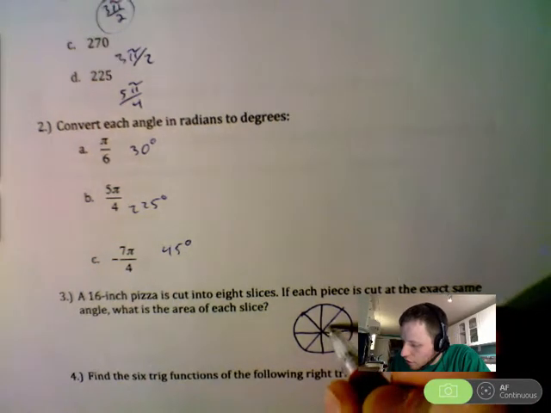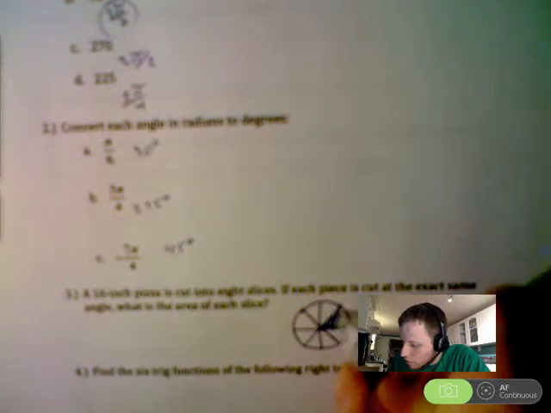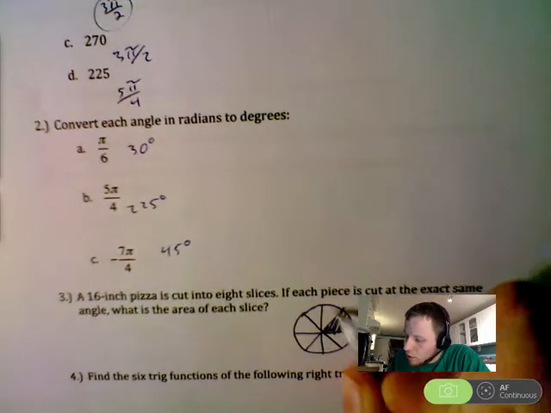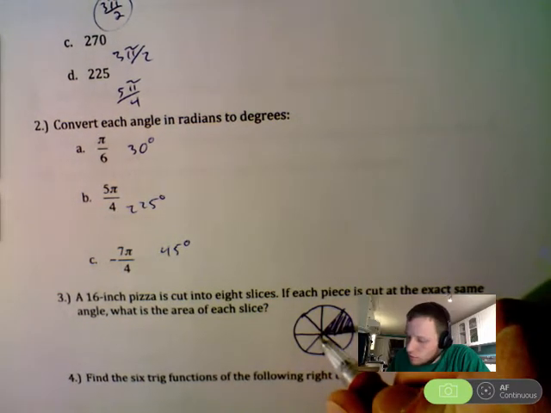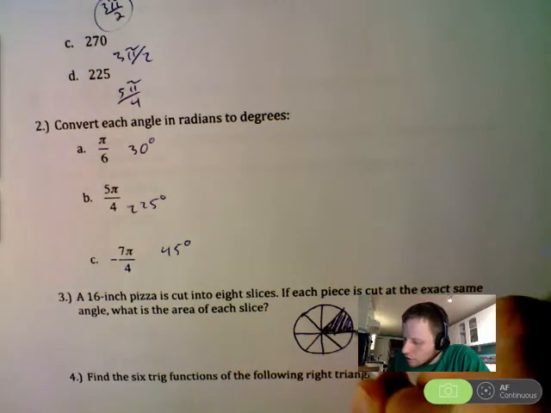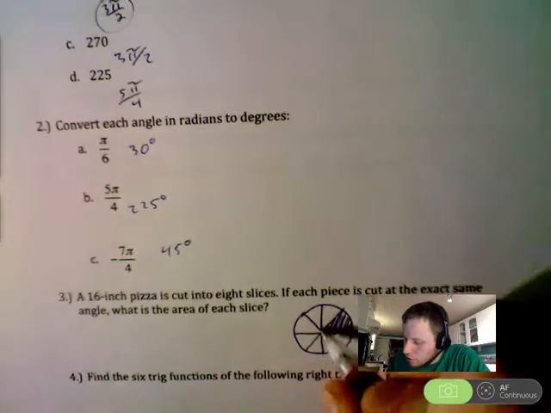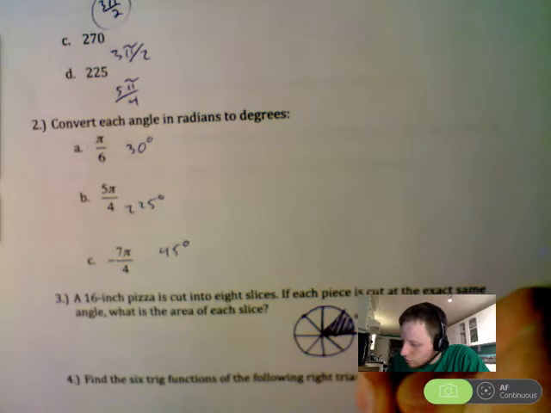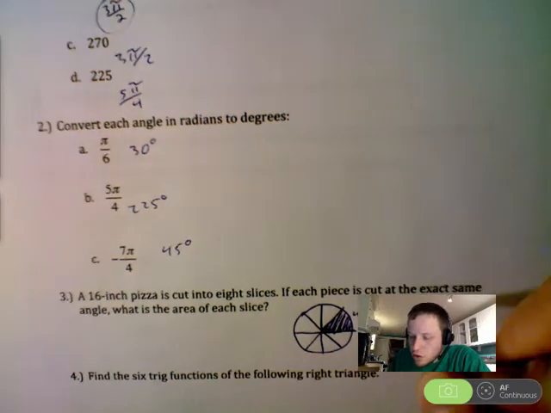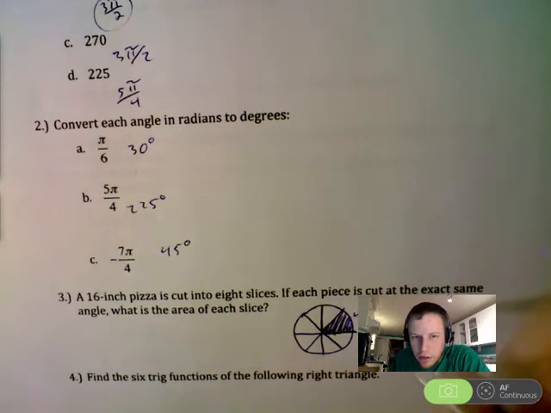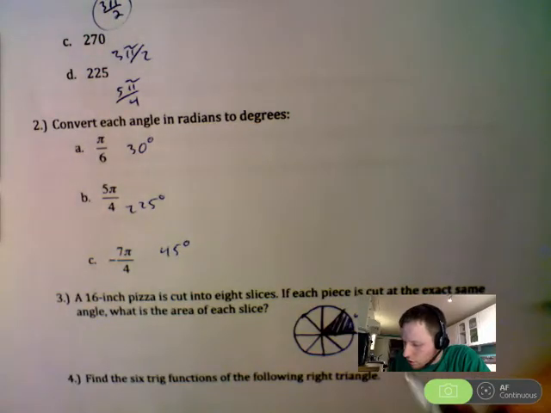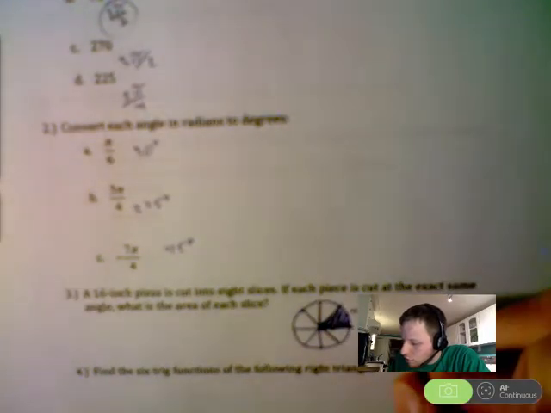Now, we want to figure out the area of one slice. If you think about it, a circle has 360 degrees. One slice, if you go by the unit circle, is 45 degrees. So to find the area, there's a couple ways you can do this.